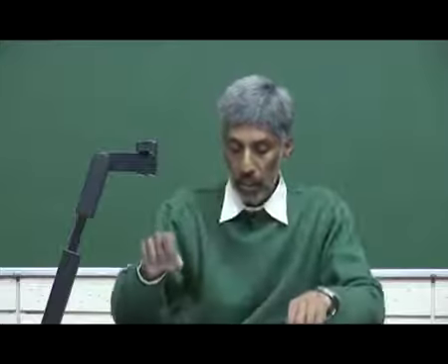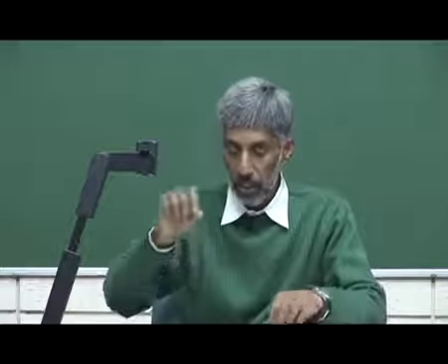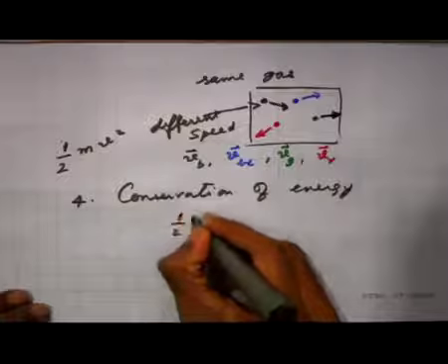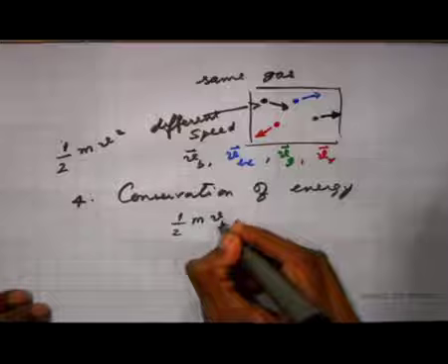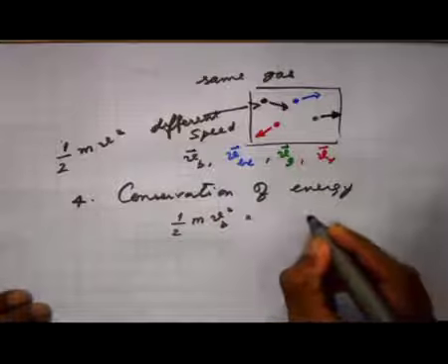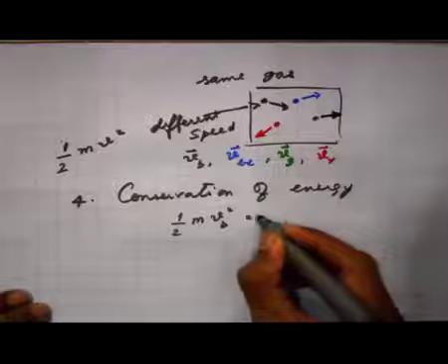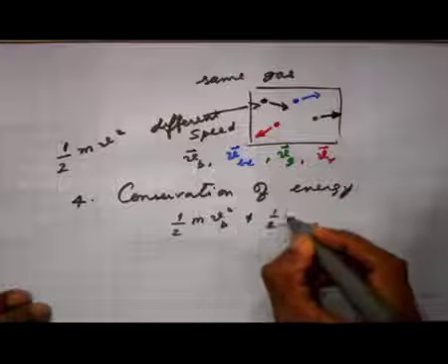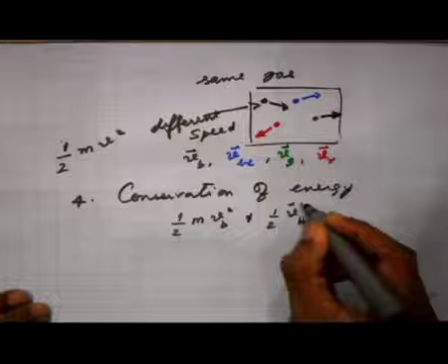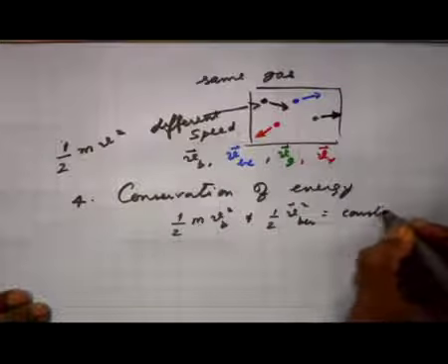So, there is energy conservation, which means that half m V b square plus half m V blue square equals constant.